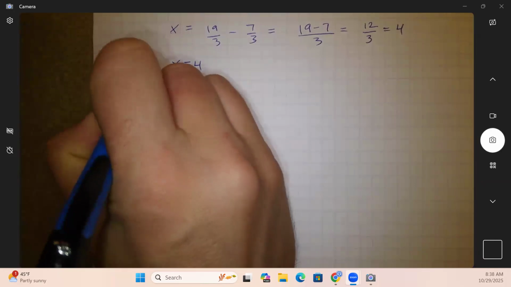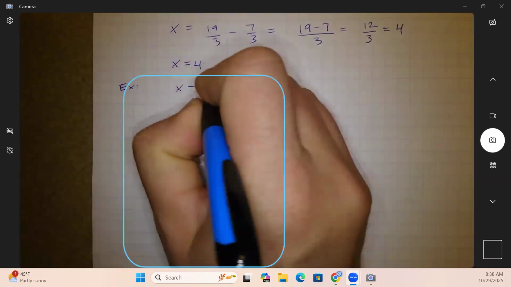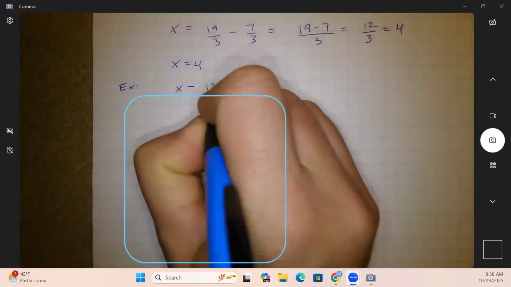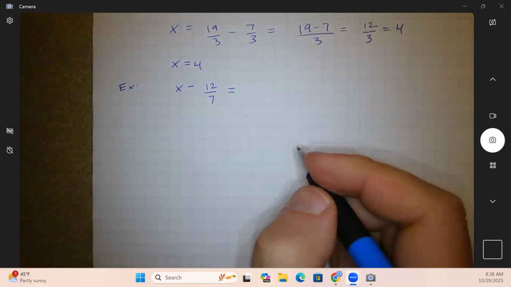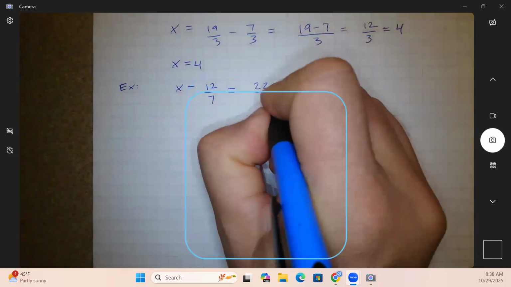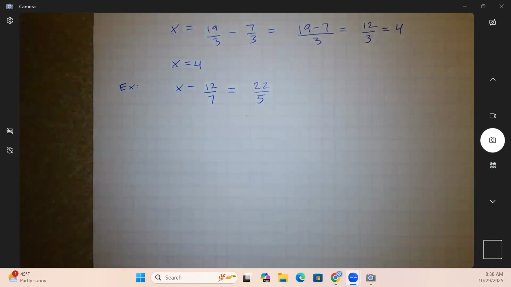Let's look at x minus 12/7 equals 22/5. So what do I want to do in this equation to solve for x?